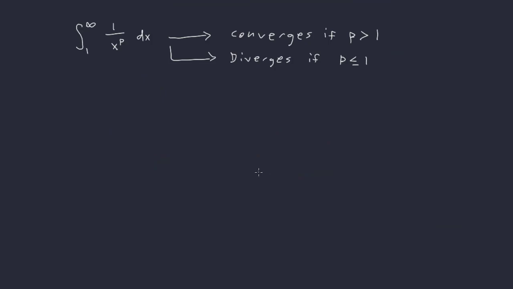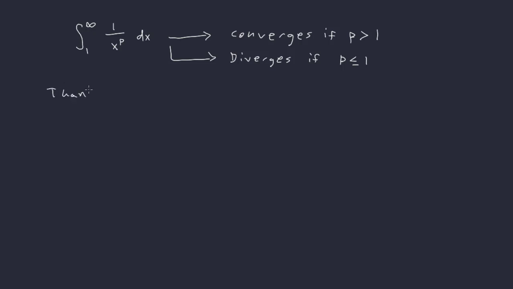All right, so if we remember back to our improper integrals, we had this particular property here, that the improper integral from 1 to infinity of 1 over x to some power p, we discovered that it converges if that power is strictly greater than 1 and diverges if p is less than or equal to 1, right? Because of this, we get this automatically for series thanks to the integral test.